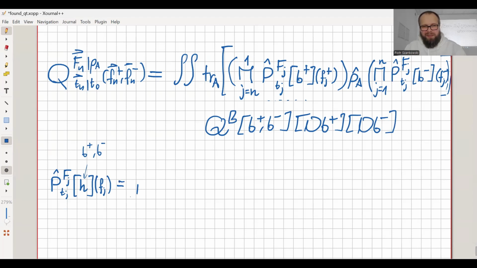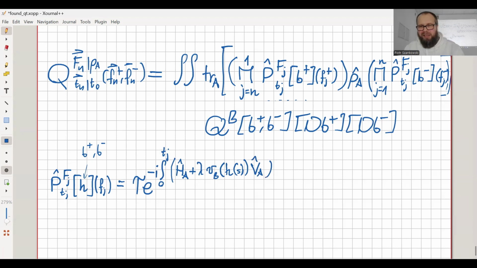But it reads: time ordered exponential of minus i, integral from 0 to Tj, of H A plus lambda V B of H at time point S. Remember, it's a functional, H is a function. V A ds.